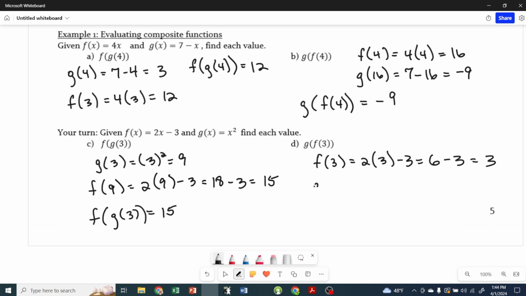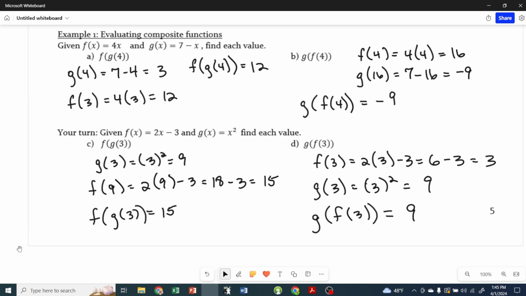So now we've got g of 3, which is 3 squared, which is 9. So g of f of 3 is equal to 9. Hopefully you got the same answers.